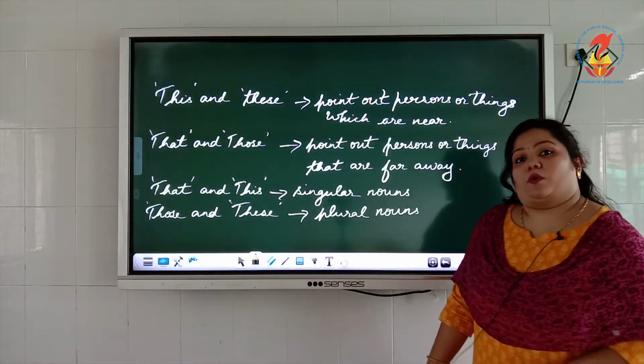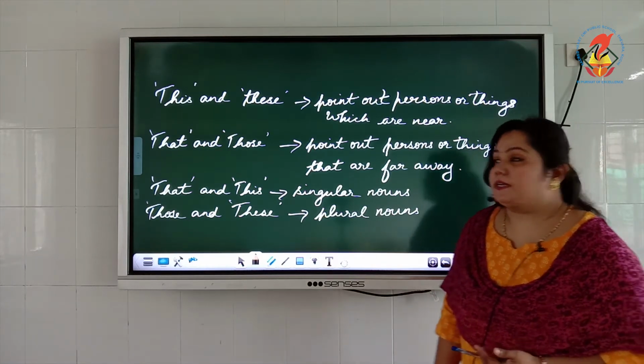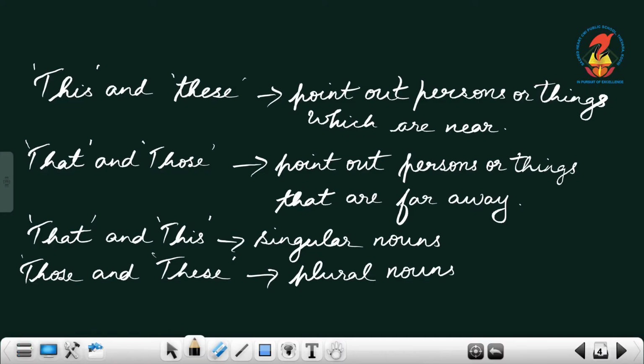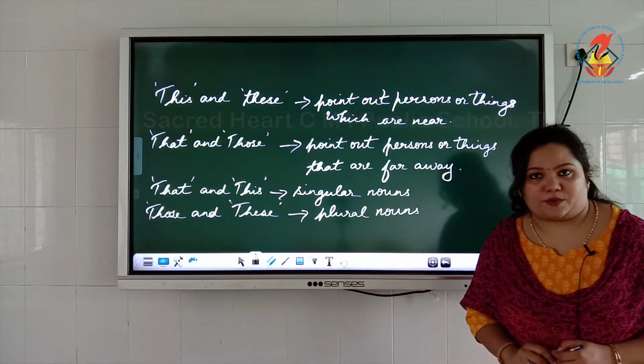Okay, now a little bit more about demonstrative adjectives. Let us learn. See, we use this and these. They are demonstrative adjectives, but this and these are used to point out persons or things which are nearer. This and these are demonstrative adjectives, but we use them to point out things that are near to us.